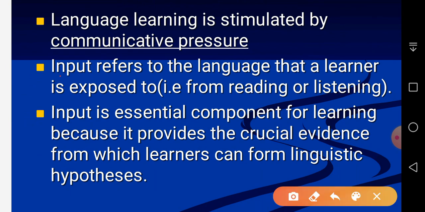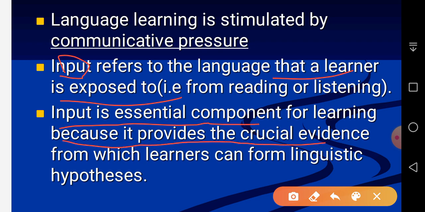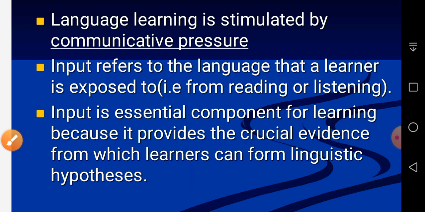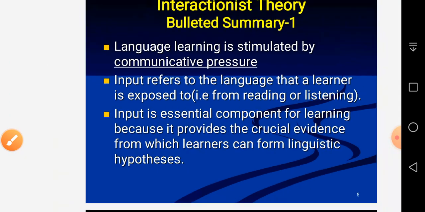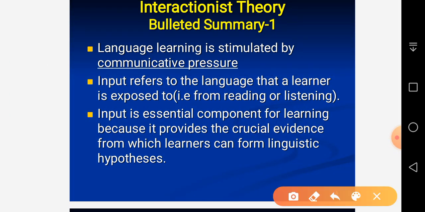And interaction input, as I mentioned earlier, refers to the language that a learner is exposed to. Another bullet point is that input is an essential component for learning because it provides the crucial evidence from which learners can form linguistic hypotheses. Let's talk about first language acquisition.